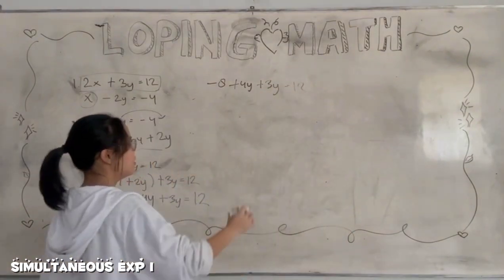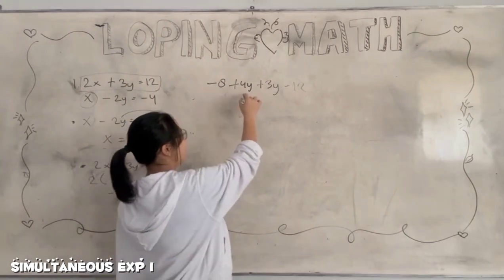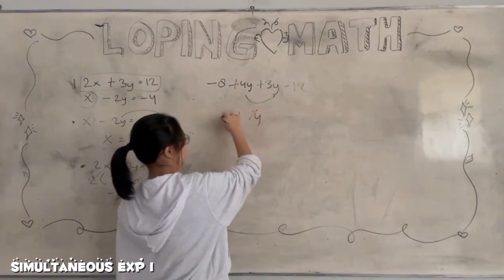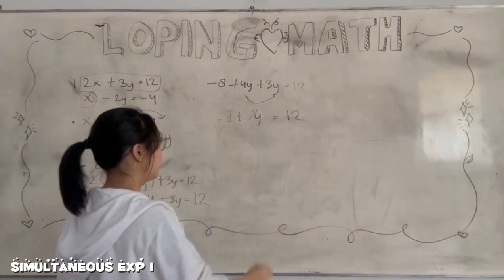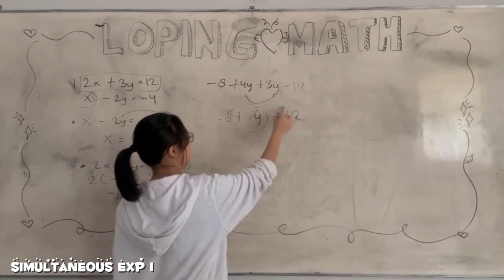So we can simplify 4y and 3y. This is 7y equals 12. So to make 7y the subject, we can put minus 8 to the right.